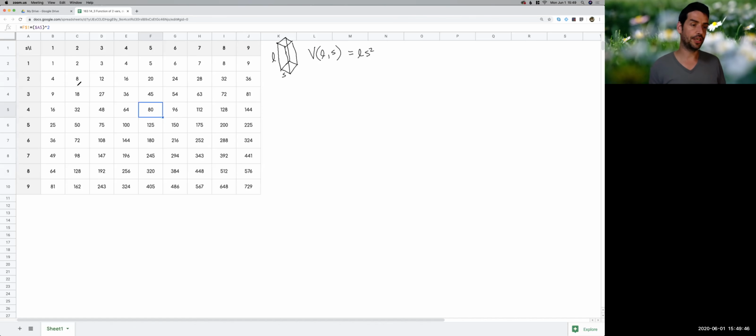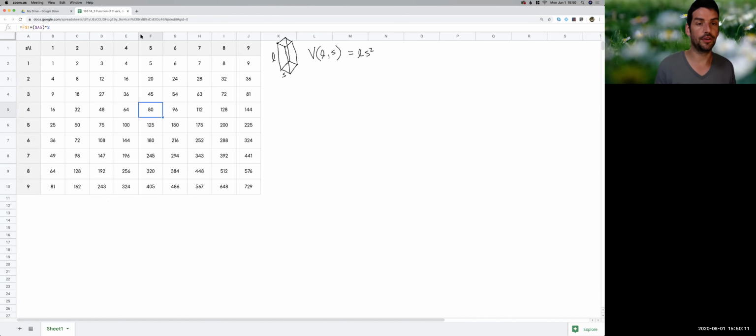What I have over here on the left is a table showing various values of the side and the length and the volumes you would get from that. If you look down this left column, these are the side lengths, and I just did 1 through 9, and the top row is the lengths, the height length, 1 through 9 as well.